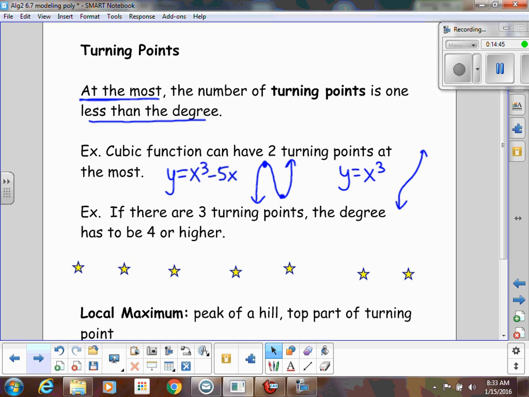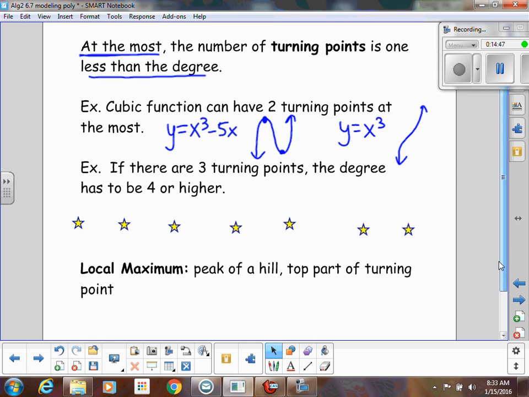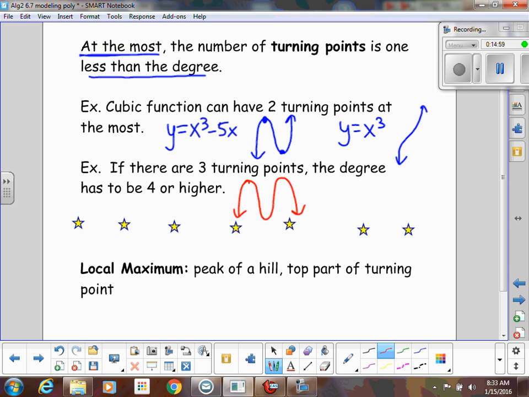Okay, so here's another example. If I have a degree of 4, if there are 3 turning points, so let's say I'm looking at a graph, 1, 2, 3. So let's say I have 3 turning points, 2 hills and 1 valley. So I have a total of 3. That means that the equation of this has to at least be x to the 4th or higher.